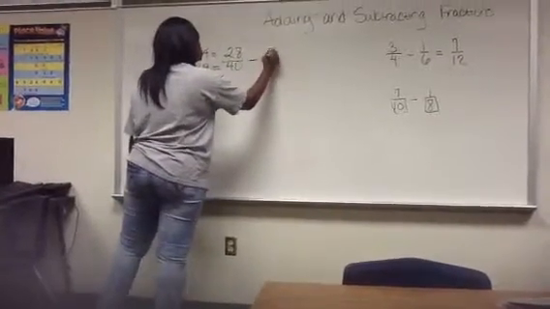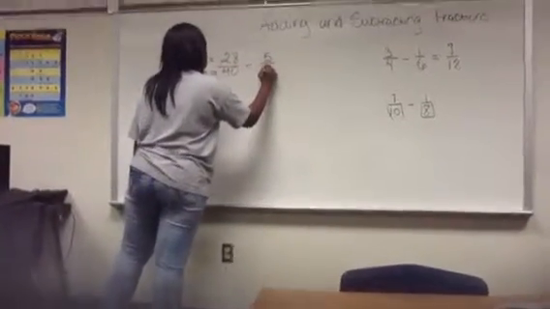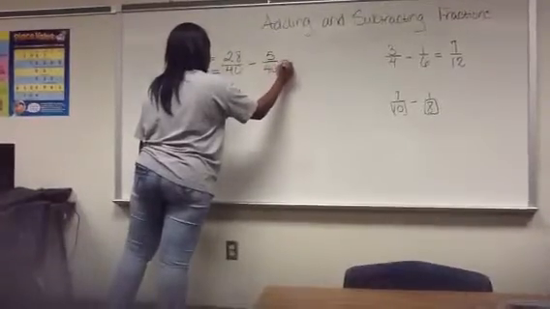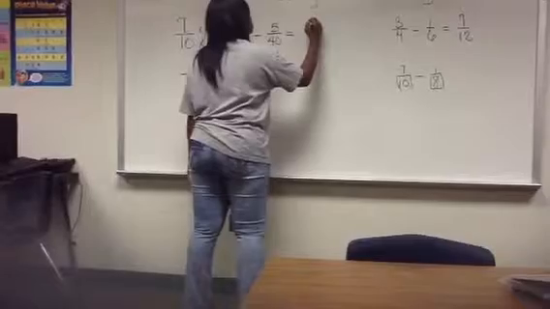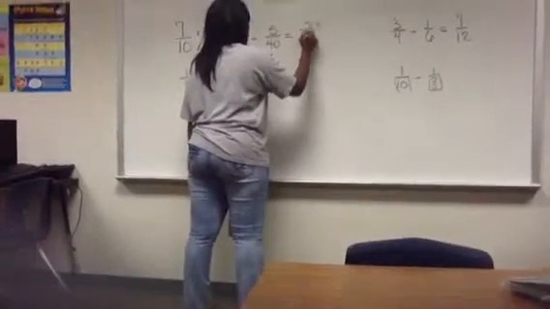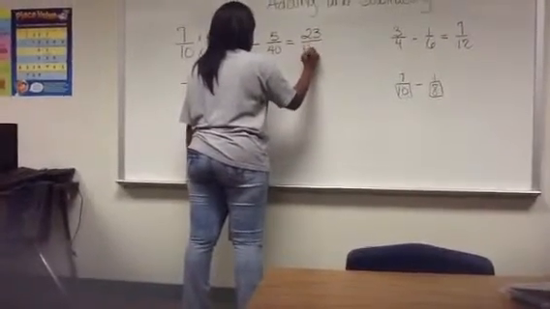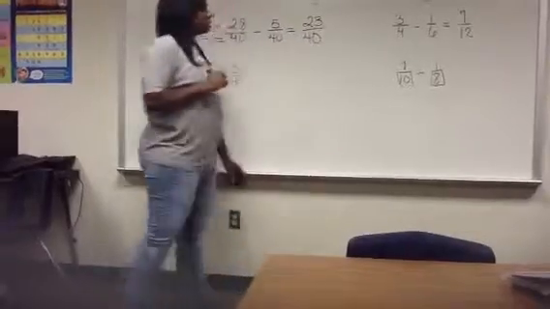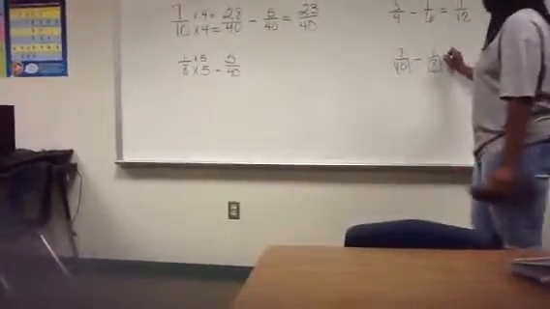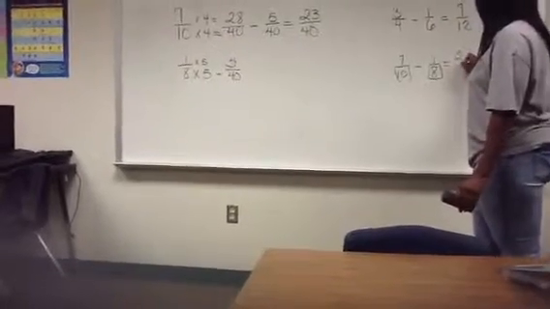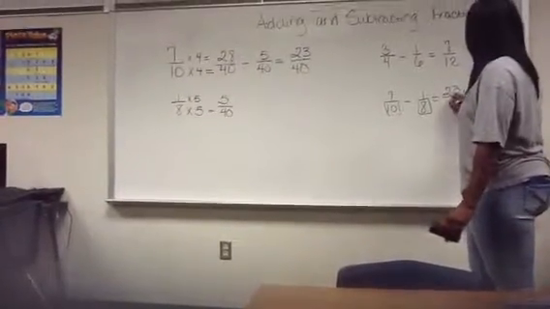I've got two new fractions with the same denominator. 28 minus 5 is 23. And the denominator never changes. That's my answer. 7/10 minus 1/8 is 23 over 40.